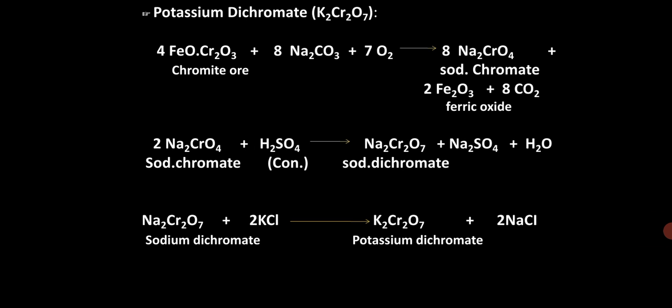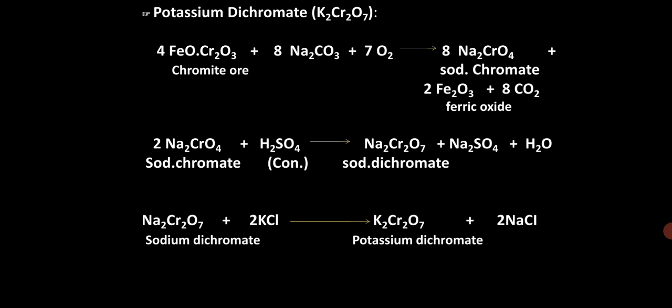Upon roasting we get Na2CrO4. A yellow mass containing sodium chromate is obtained, that you can see on the screen. Now, quicklime makes the mass porous and thus facilitates oxidation of the ore by air.